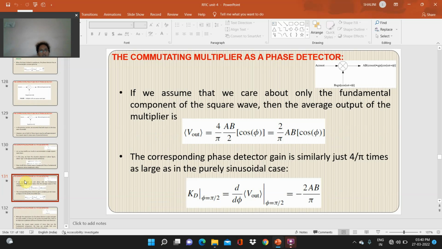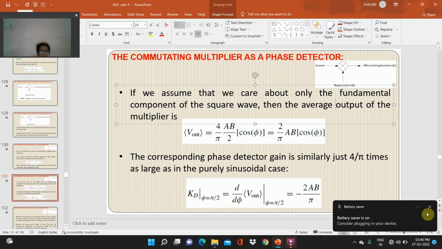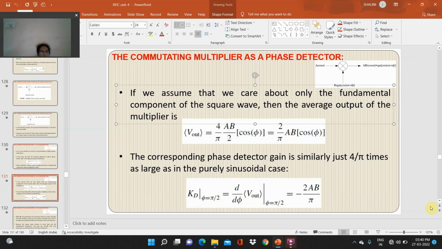If we assume that we care about only the fundamental components of the square wave, then the average output of the multiplier is given by V out is equal to 4 by pi into AB by 2 into cos phi, which is equal to 2AB by pi cos phi.